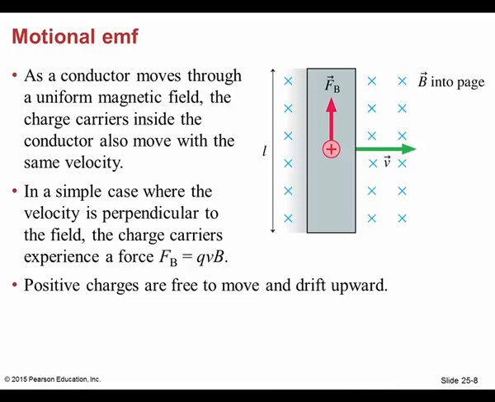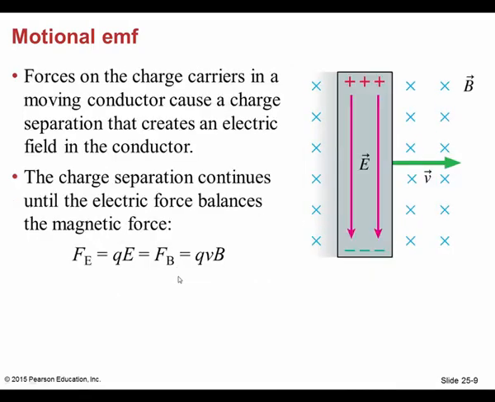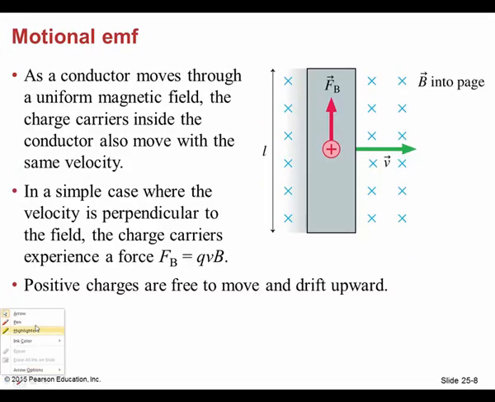Now, of course, we know how to find the force produced by a magnetic field: the absolute value of the charge, times the velocity of the charge, times the magnetic field, and then of course sine theta. And of course you want it to be a 90-degree angle where you get maximum force. So we just leave the sine off because sine of 90 is 1.